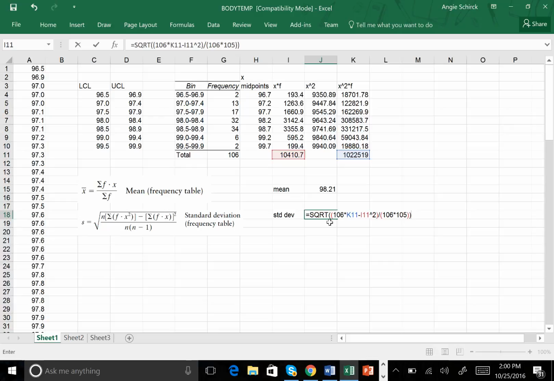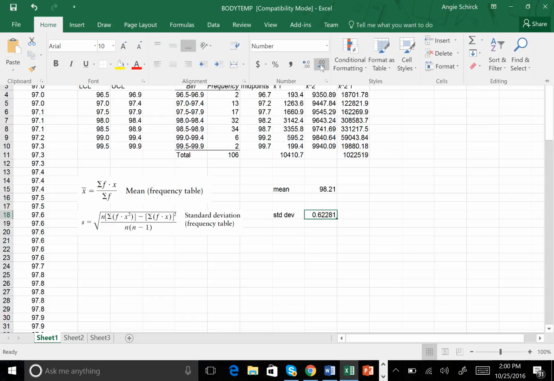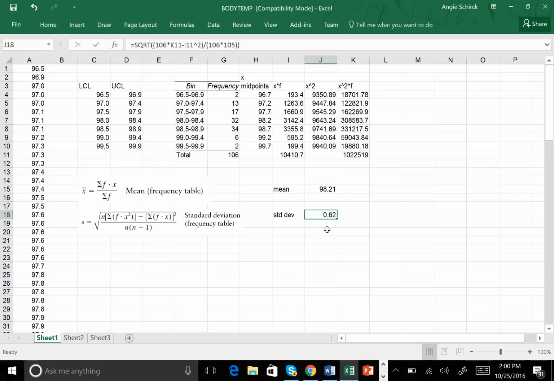So we have n times the sum of the f times x squared, minus the sum of the x times f, quantity squared, divided by n times n minus 1. Hit enter. That gives us our standard deviation, and again we are going to make it go to just 2 decimal places because of our proper rounding technique.